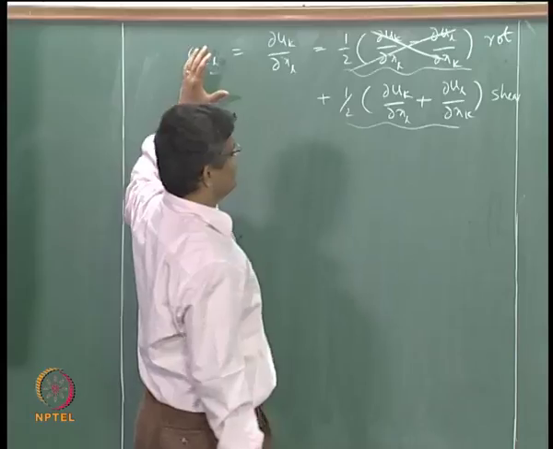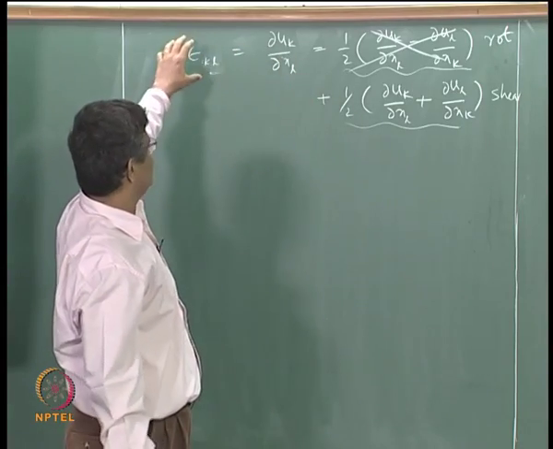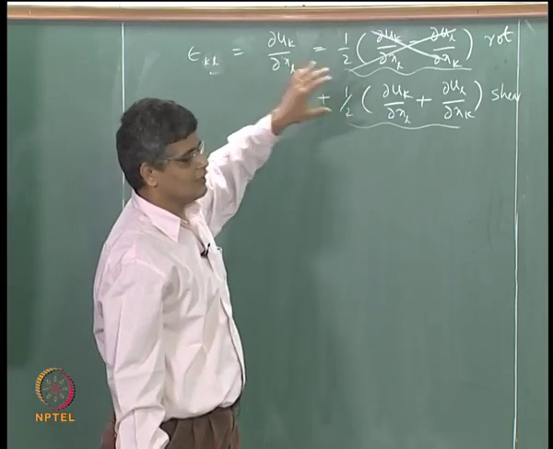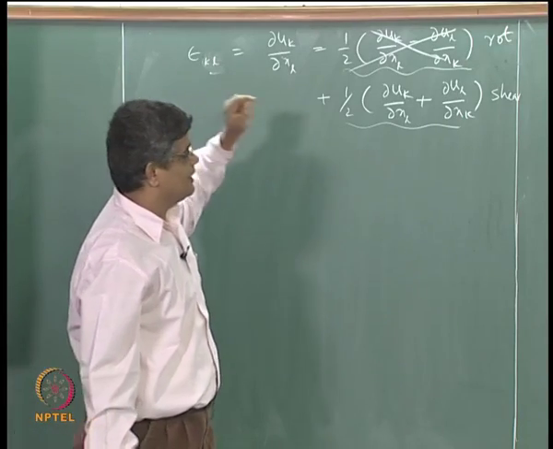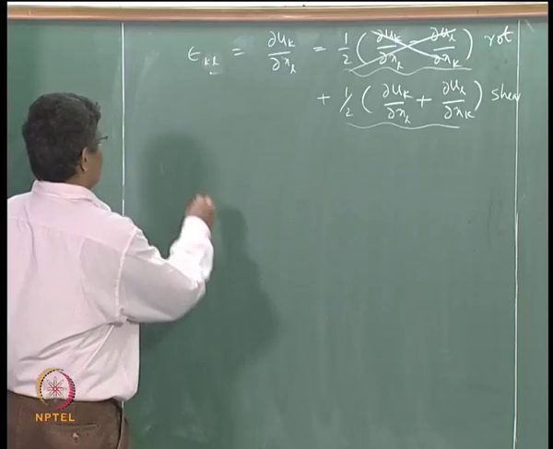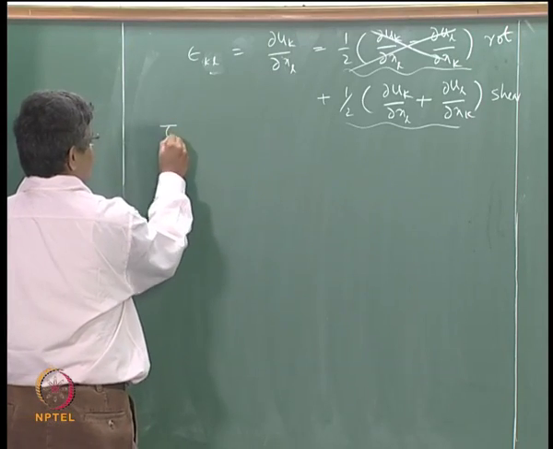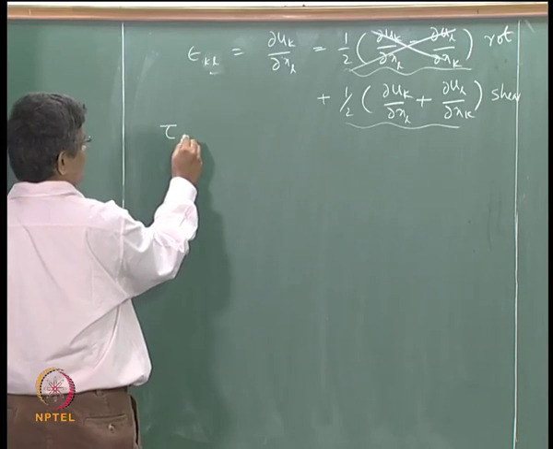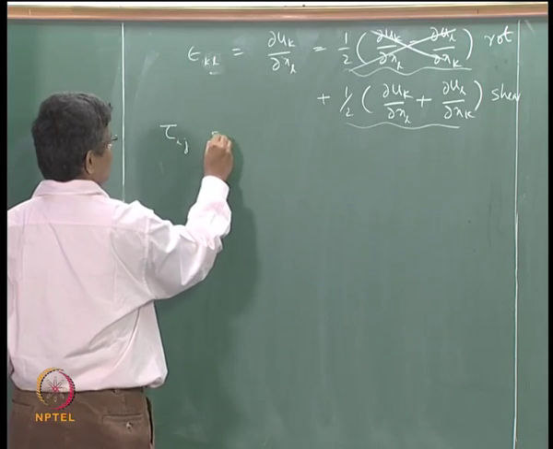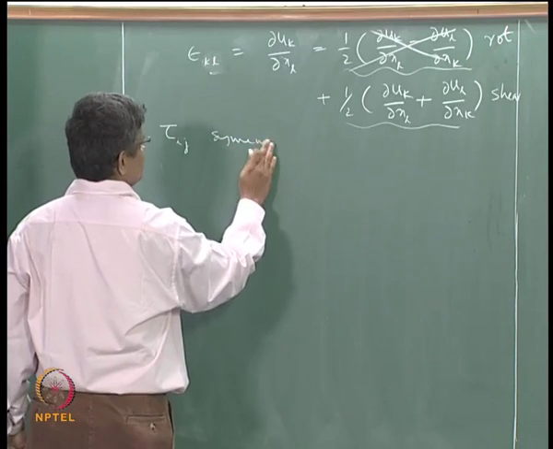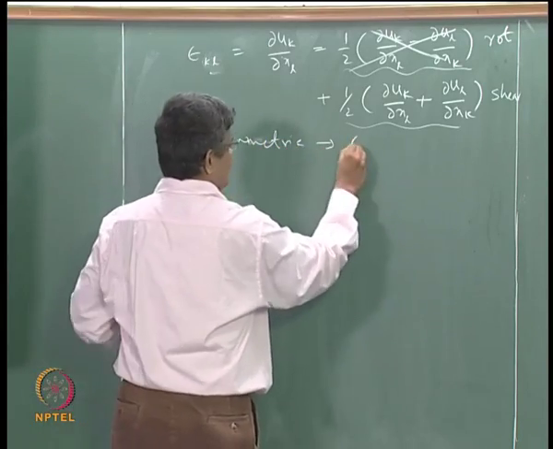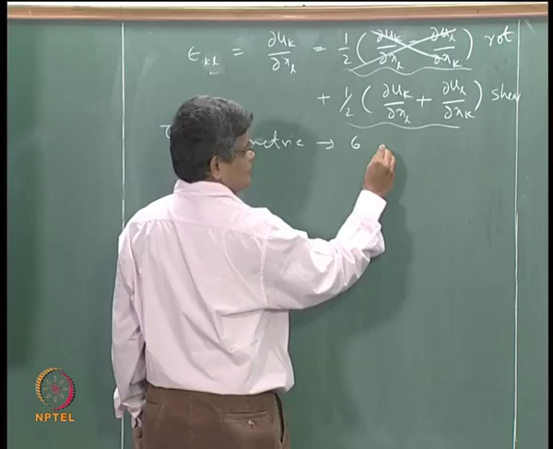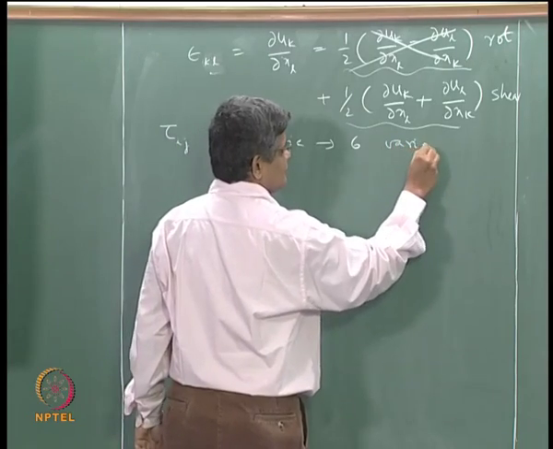So we can say that only the symmetric component of the strain rate tensor will come into the linear relation between stress and strain rate, and this allows us to say that just as the shear stress component is symmetric, therefore you have 6 variables in this.